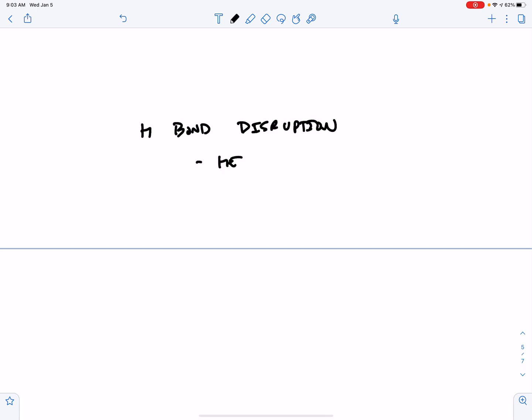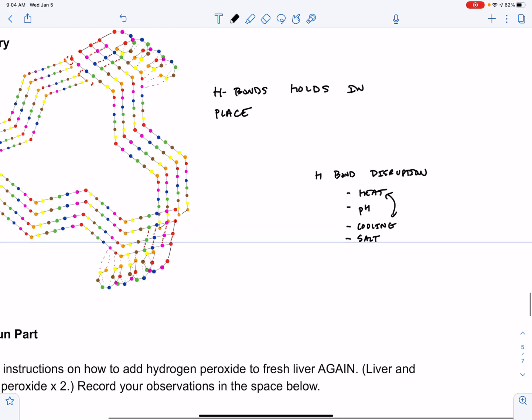So heat can disrupt a hydrogen bond. A change in the pH can disrupt a hydrogen bond. Cooling can freeze the hydrogen bonds in place. So these are kind of opposite sides of one another. And high salt can also disrupt hydrogen bonds.